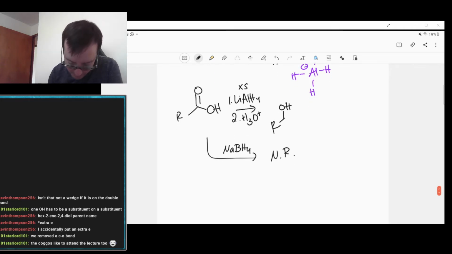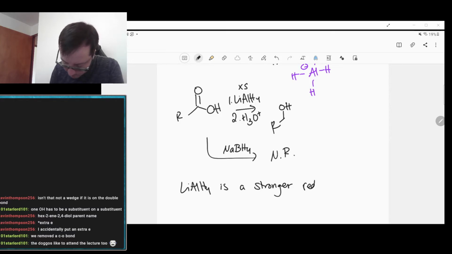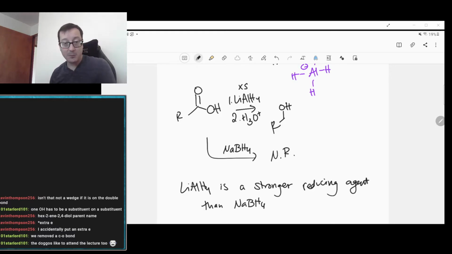All right, so we're going to see that lithium aluminum hydride is a stronger reducing agent than sodium borohydride. Sodium borohydride is the more gentle version. So, in the interest of paper chemistry, which is what we're doing, we write everything out, and yet it all works out great.